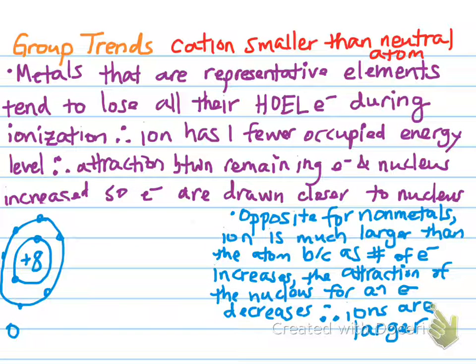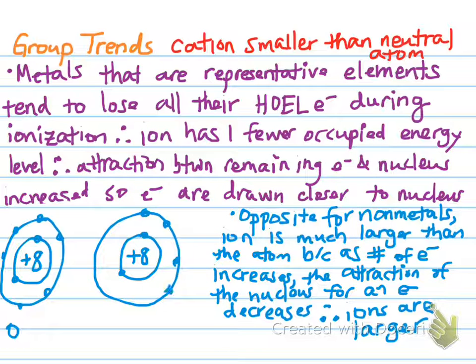So this is oxygen as an atom. Now, oxygen as an ion still has 8 protons and still has 2 electrons in its first energy level, but to become like a noble gas, it's easier for it to gain 2 more electrons out here. So here's oxygen with a 2 negative charge.